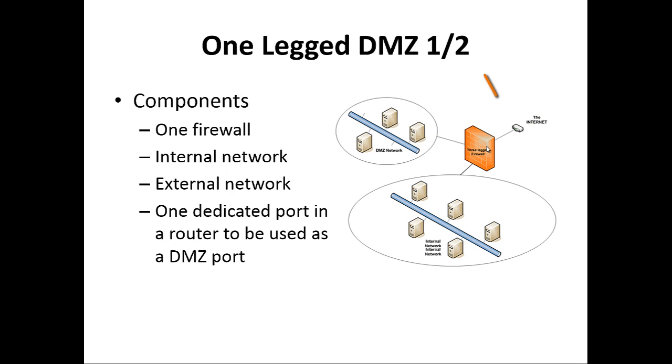So in the picture it's clear that you have one network interface connecting to the internet, the other network interface connecting to the DMZ network, and then finally the third interface connecting to the internal network.